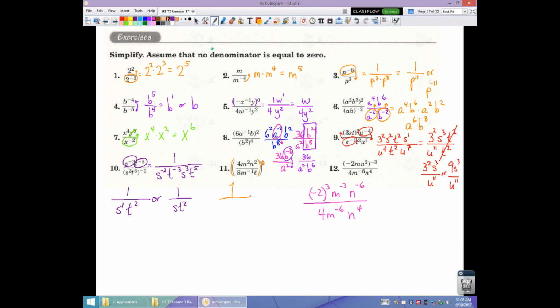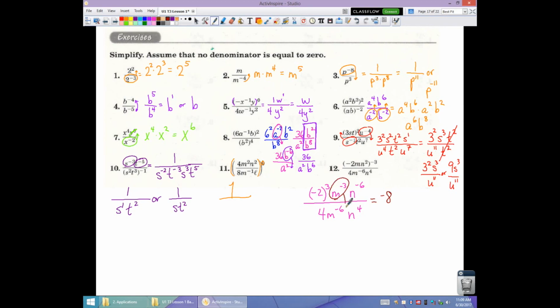Now I do not need to move this negative 2 because it doesn't have a negative exponent. The base is negative, that's okay. If I want to, I can make that negative 2 times negative 2 times negative 2, which is negative 8. But then I'll move everything that has a negative exponent on it.